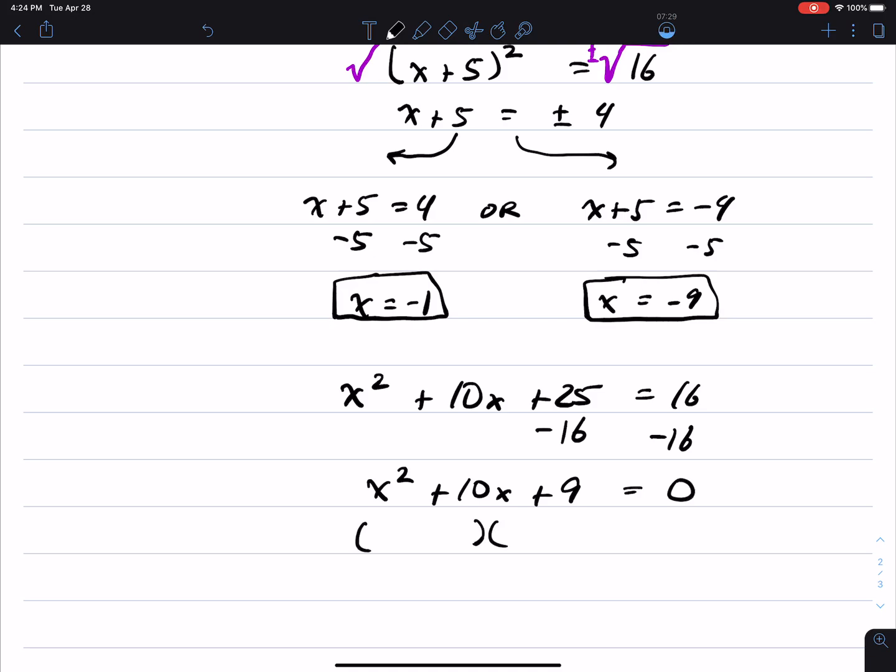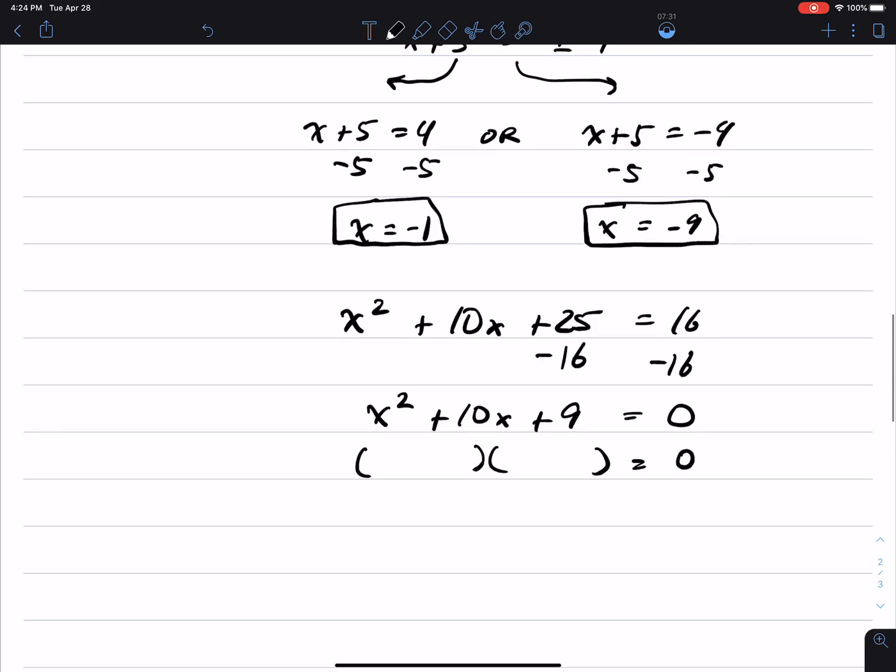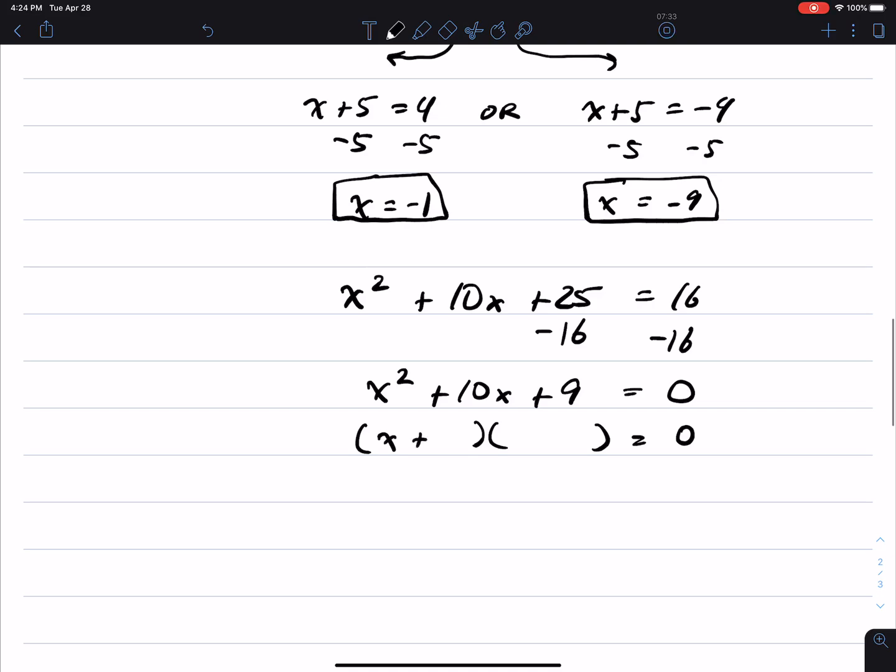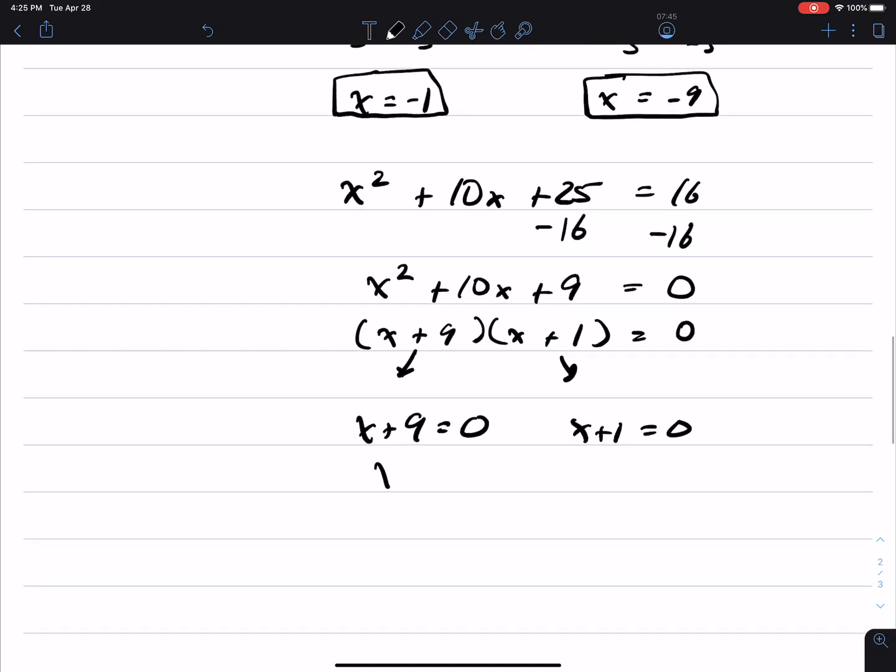And then this factors, right? Not as a perfect square trinomial, mind you, but just as a normal kind of trinomial, x plus 9, x plus 1, right? And then you set each factor equal to 0. Set each factor equal to 0 and solve, and there's your negative 9, right? And here's your negative 1, okay? So that's a way you could have done that.